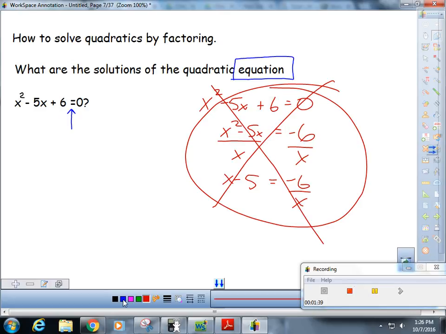So you're looking for two numbers that multiply to be 6 and add to be negative 5. Since they multiply to be positive but add to be negative, I know that they are both negative. I have to remember to write down my equal sign and write down my 0, okay? Because these are equations.